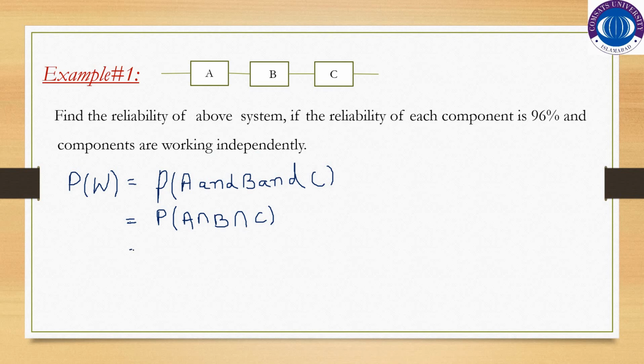So the multiplication law will be probability of A into probability of B into probability of C. Now we put the probability, that is 0.96 into 0.96 into 0.96.